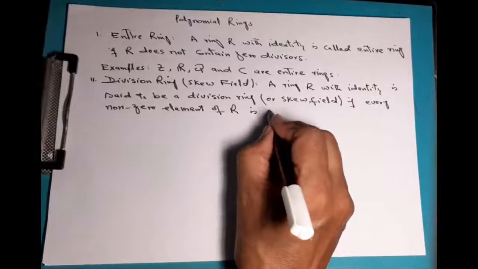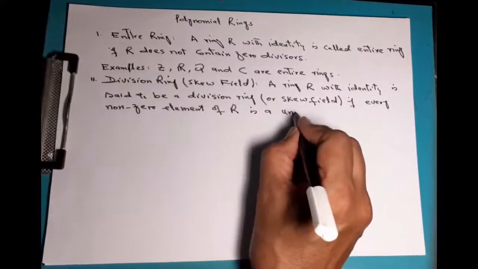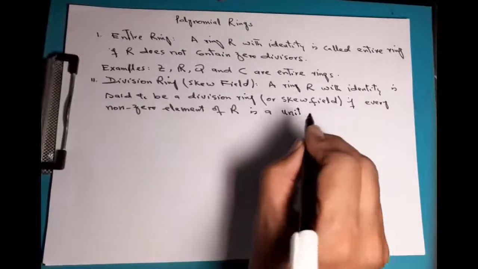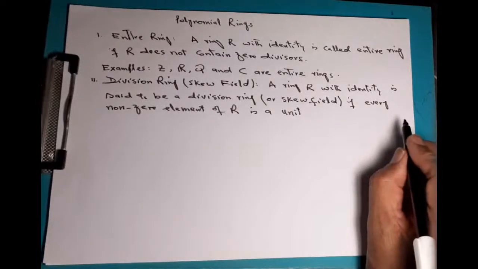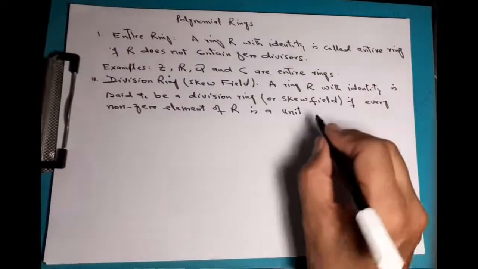Unit means it is invertible or it has multiplicative inverse.